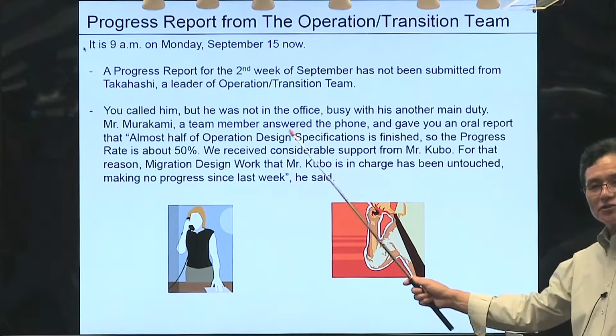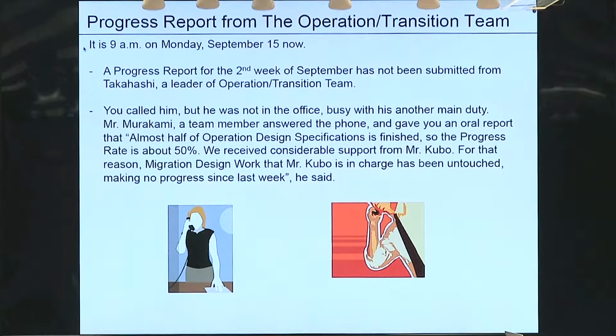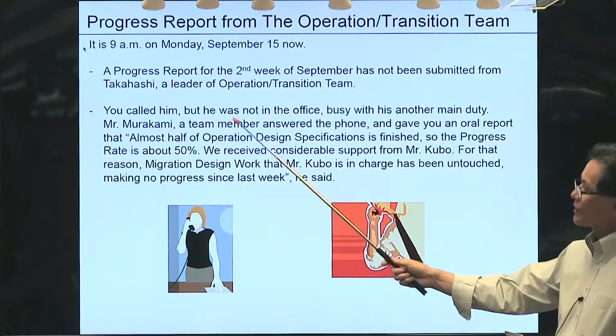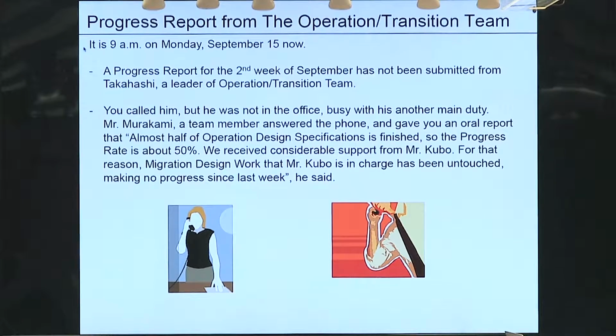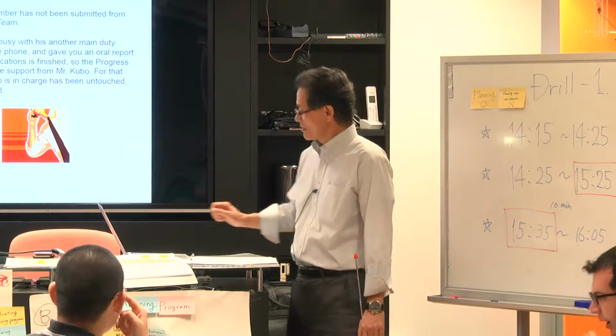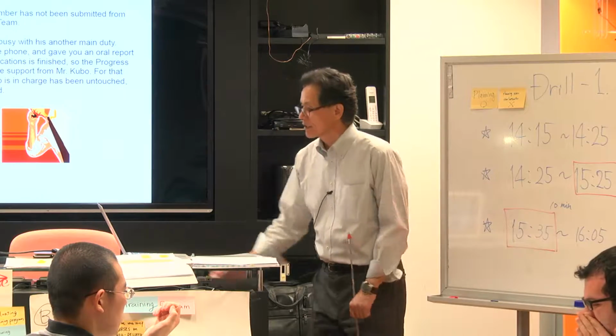And the situation, the second paragraph, you called him but not available. But instead of Takahashi-san, Murakami answered what happened in the team. And he said Kudo helped other tasks. So original task by Kudo has not been progressed. So some problems have happened.